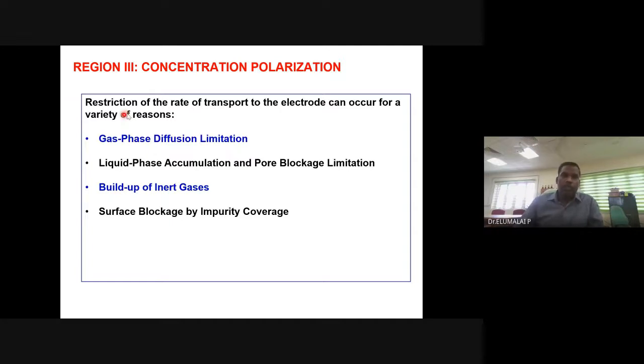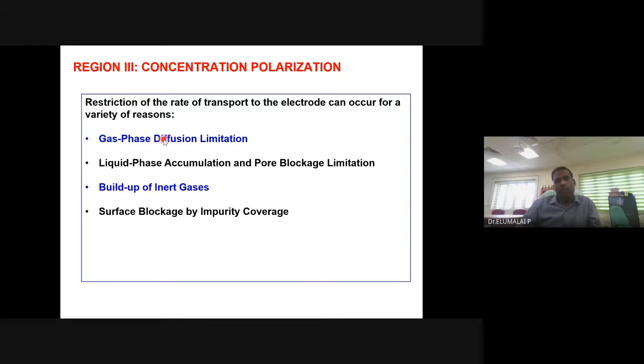Not only that, if the catalyst pores are blocked, or the gas diffusion layers are blocked, then there is no possibility for the fuel molecule to come in contact with the catalyst. Diffusion limitation, accumulation of gases in the pores due to blockage by impurities, or blockage by the water generated, will all clog and retard the fuel.